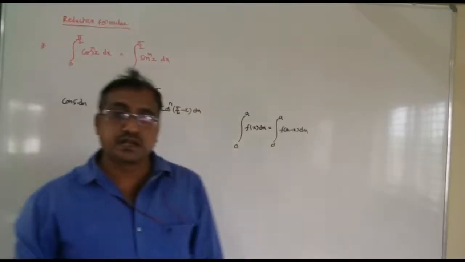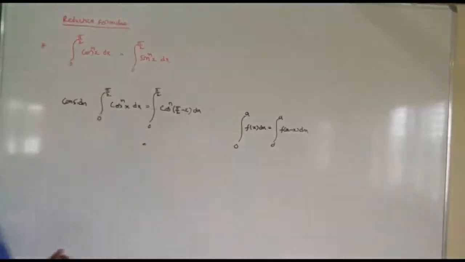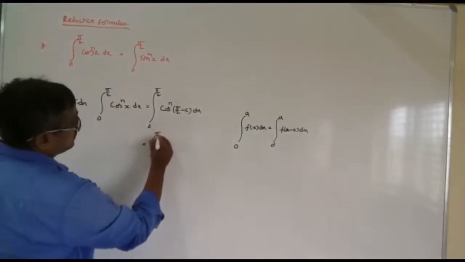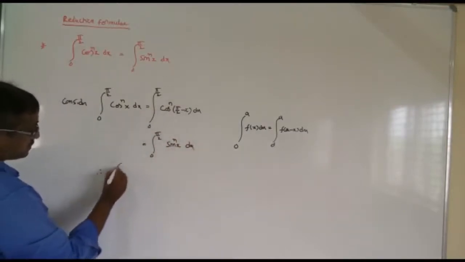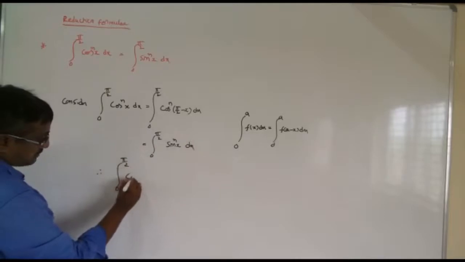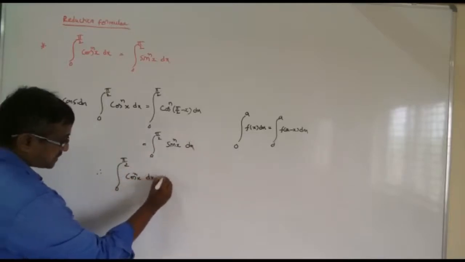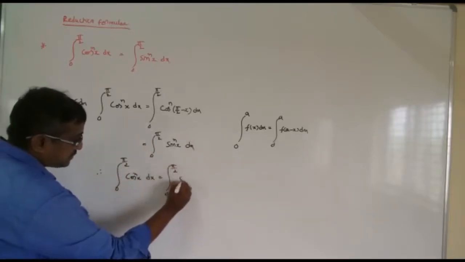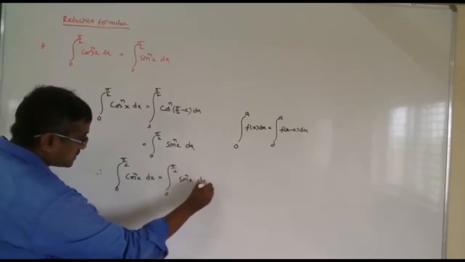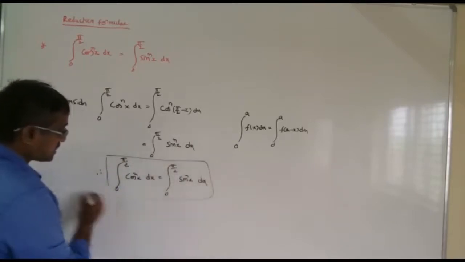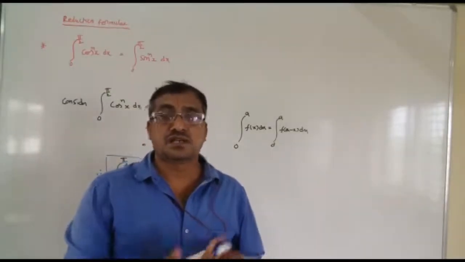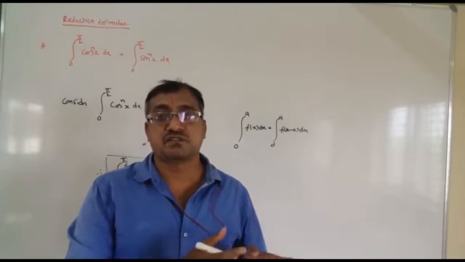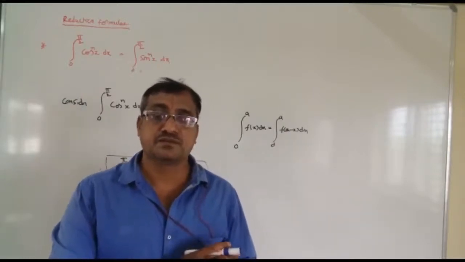Now cos of 90 minus theta is sin theta. So you will get integral 0 to pi by 2 sin power nx dx. Therefore, integral 0 to pi by 2 cos power nx dx is equal to integral 0 to pi by 2 sin power nx dx. This is the statement. So there is no change for cos or sin. You can apply the same formula, which is the reduction formula of sin.